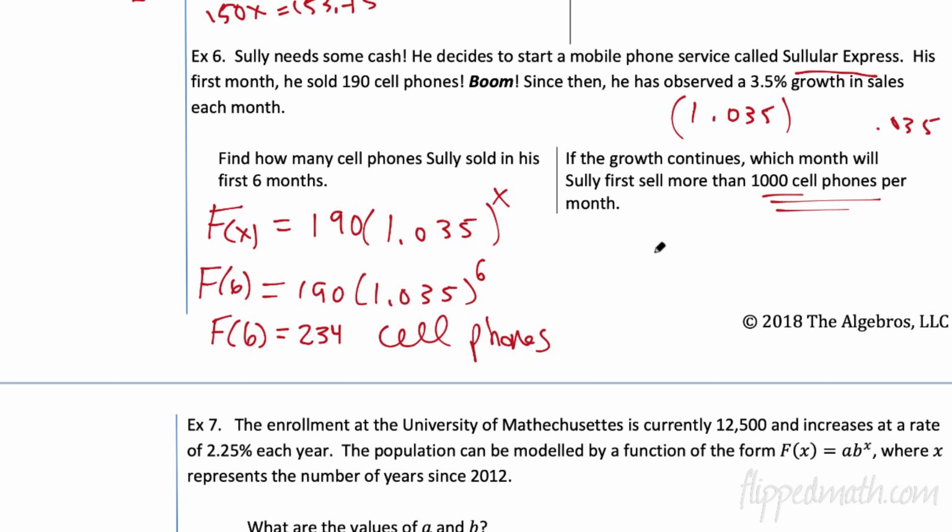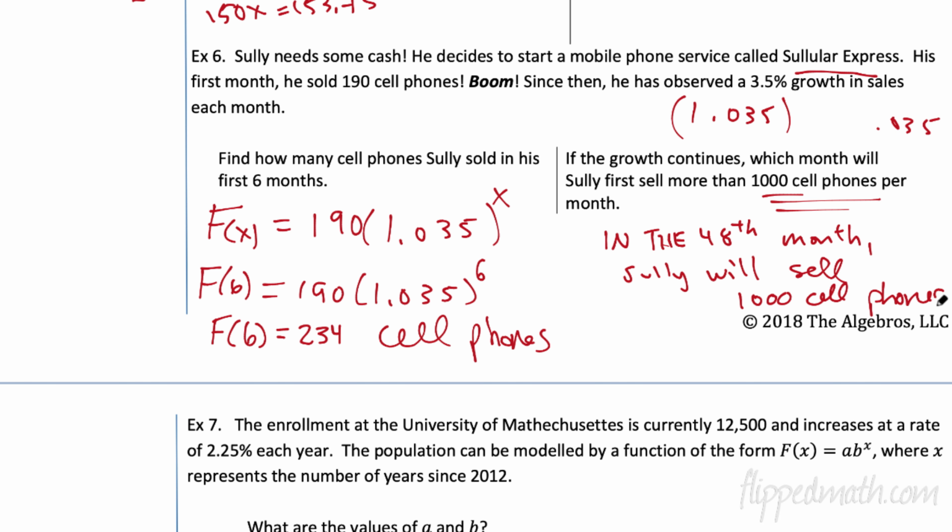Anyways, if growth continues, which month? In the 48th month, somewhere in the middle there, Sully will sell 1,000 cell phones.